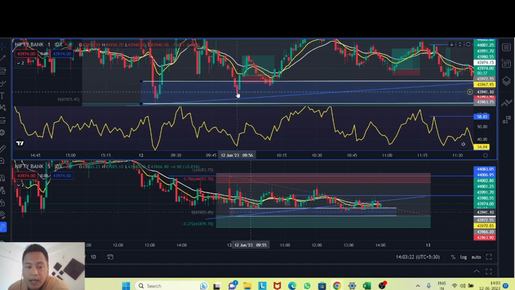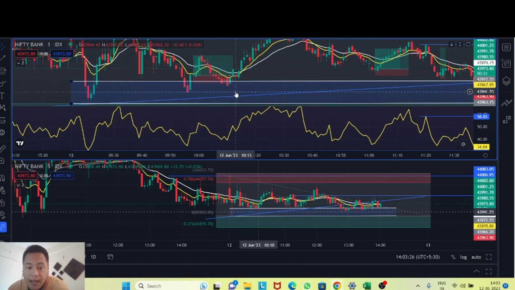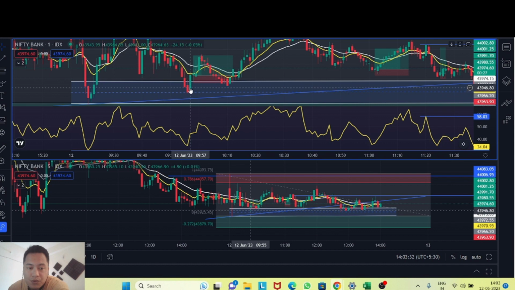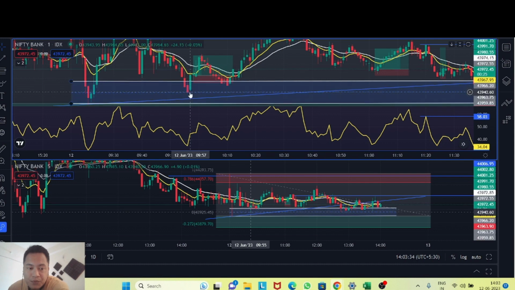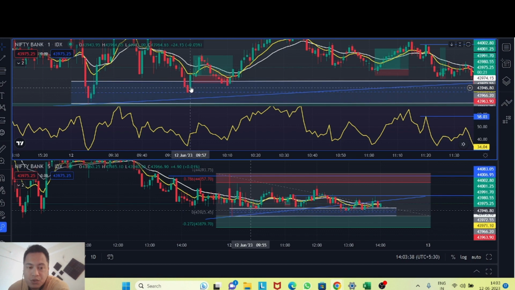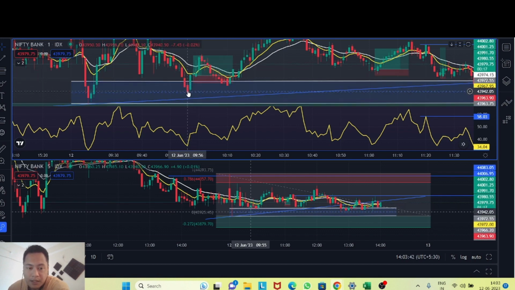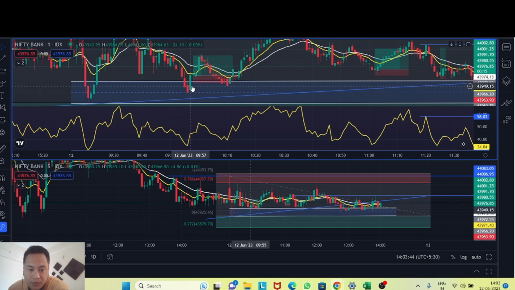On this trade, I saw that it entered my zone, and as you can see these candles were pretty big, so I was not confident enough to enter the trade as soon as it hit my zone. So I waited for this candle to be formed, and as soon as it formed, it broke the high of the previous candle.